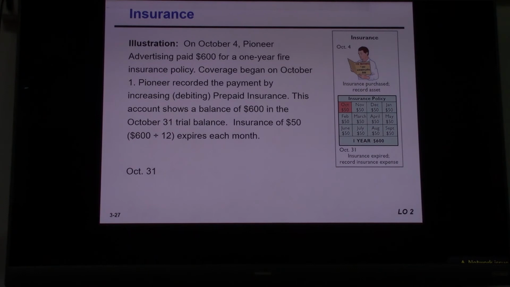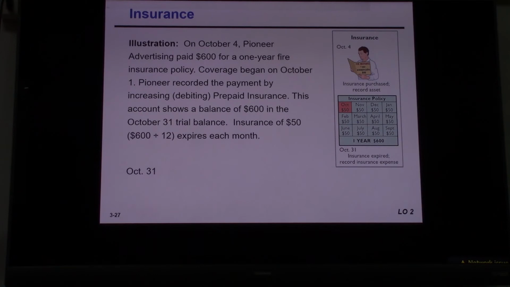At the end of the accounting period, companies are required to make an adjusting entry: debit insurance expense and credit prepaid insurance for the cost of insurance that has expired during the period.